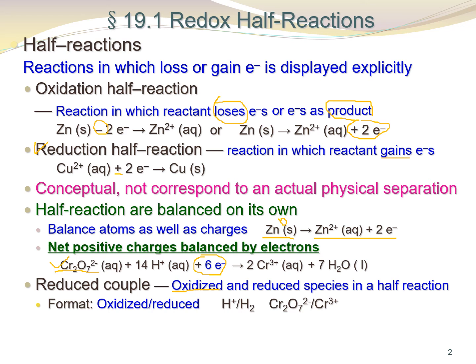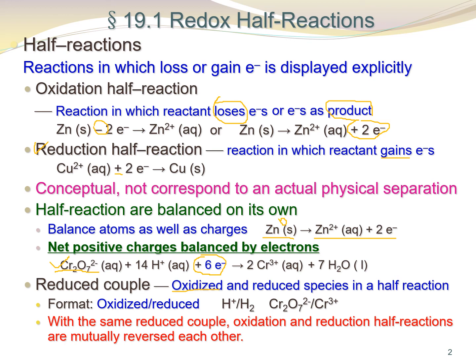And for the same reason, a proton needs to gain one electron to become hydrogen atom before it forms an H2 molecule. So H plus is the oxidized species longing for electrons.